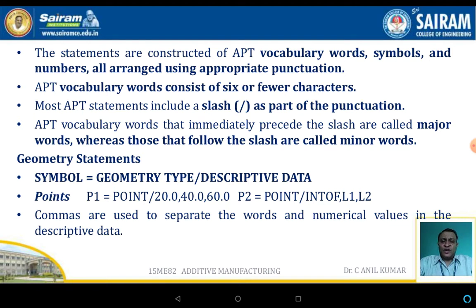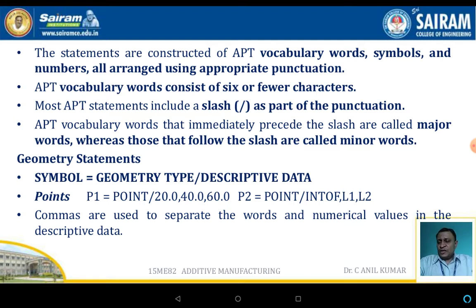APT vocabulary words that immediately precede the slash are called major words, whereas those that follow the slash are called minor words. For example, in the geometric statement: symbol equals geometric type slash descriptive data.